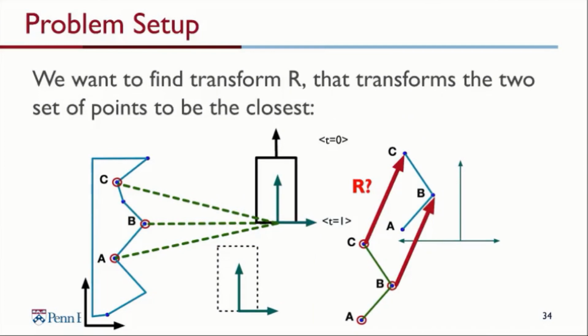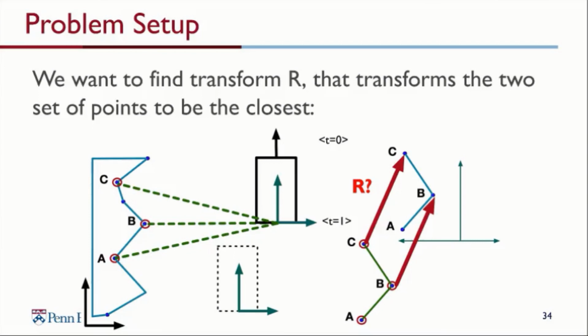The scan matching problem is to find the transform R that will transform the set of points measured at time step t equals to 1 to be close to the set of points measured at time step t equal to 0.